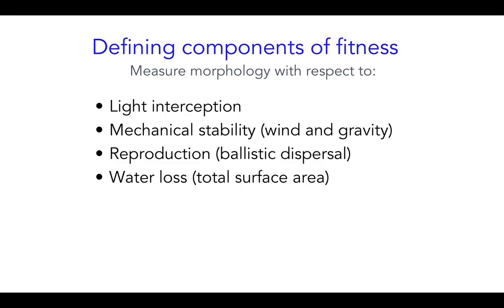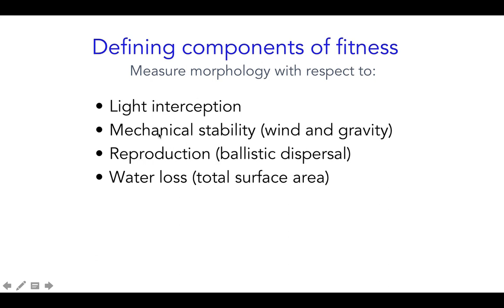And so the next thing that Carl did was define the components of fitness for a plant. If you take everything that we've learned within class, we can characterize the different components of fitness in terms of how well a plant can intercept light. Remember, light is important for ultimately obtaining carbon and for photosynthesis.